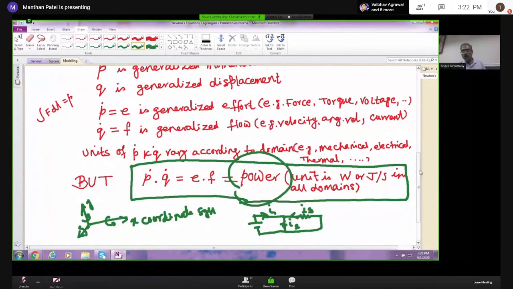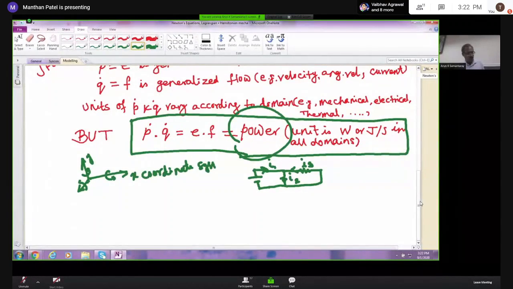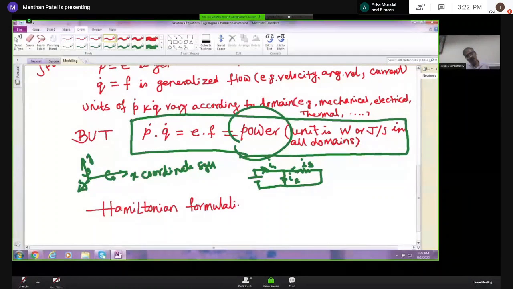So, what this Hamiltonian formulation does is basically unify different energy domains.